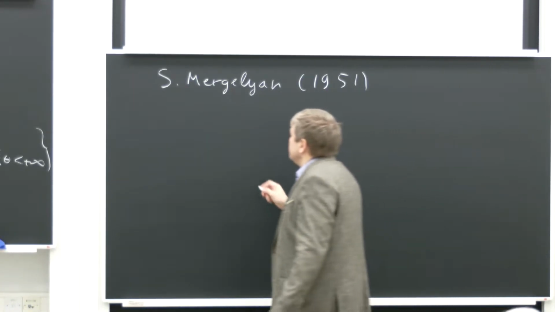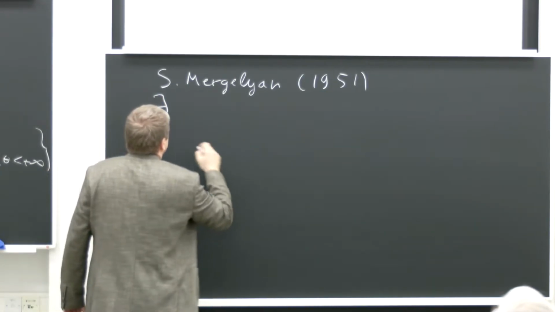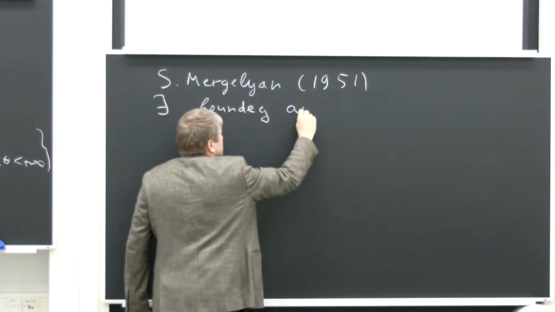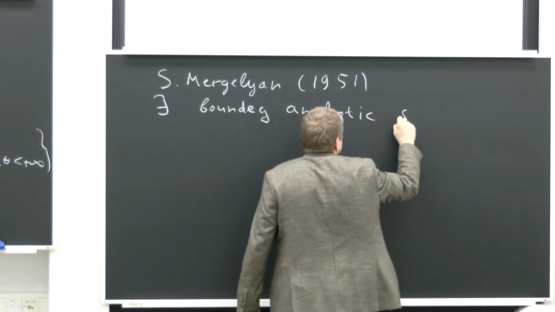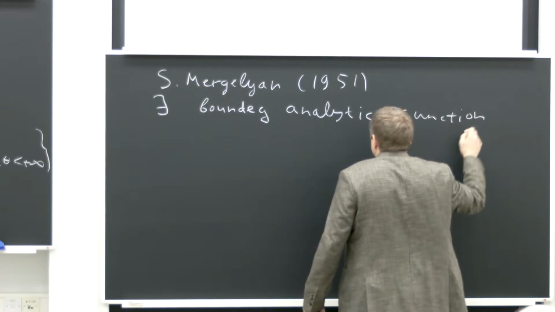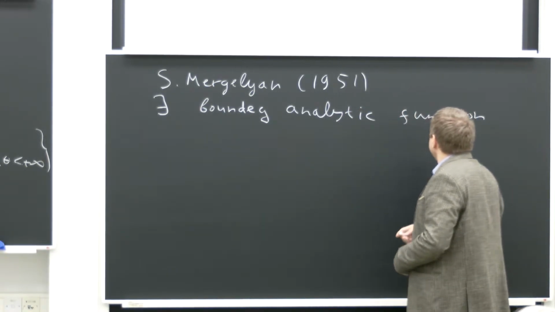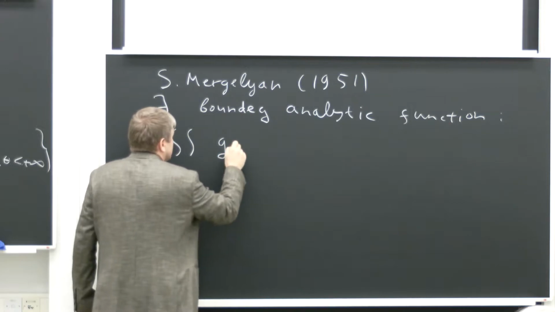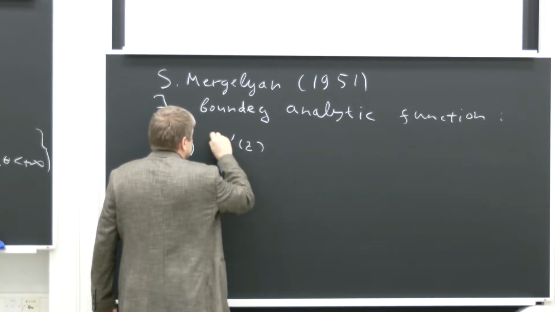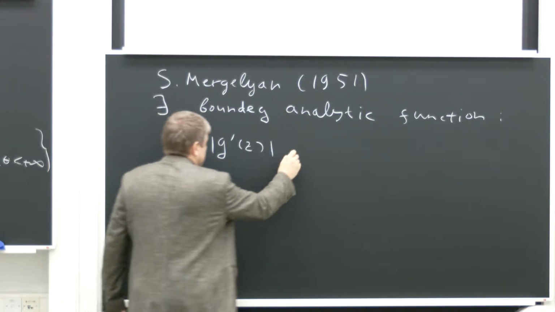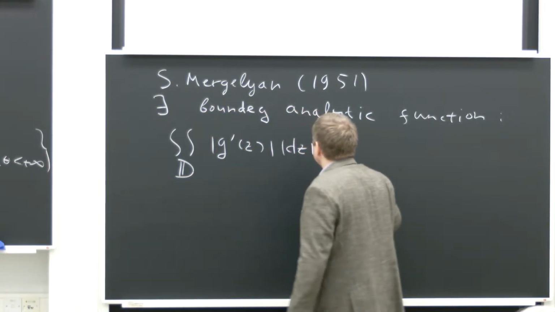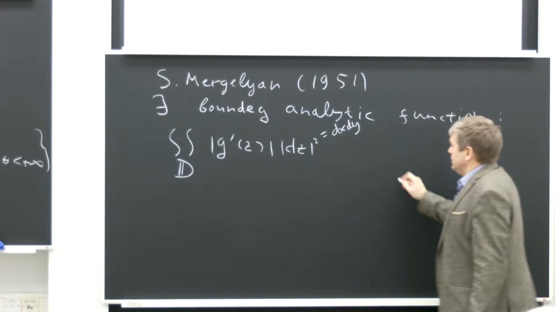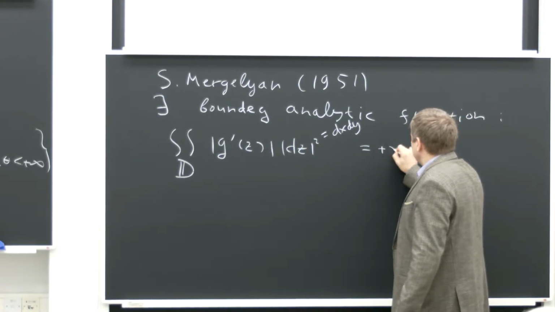Mergelyan showed that there exists a bounded analytic function g in the disk D such that this double integral of |g'(z)|, where dA is just an abbreviation for dx dy, is equal to infinity.